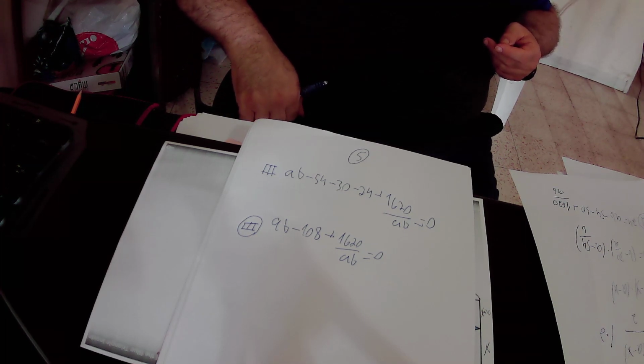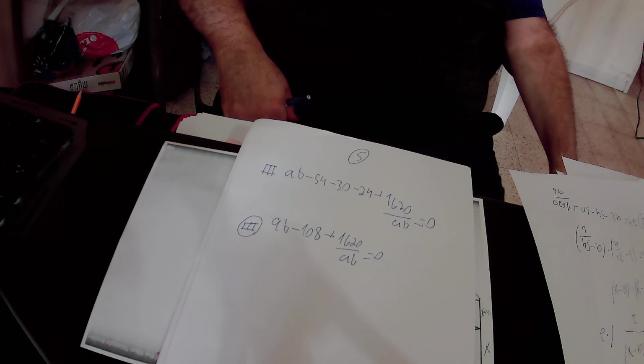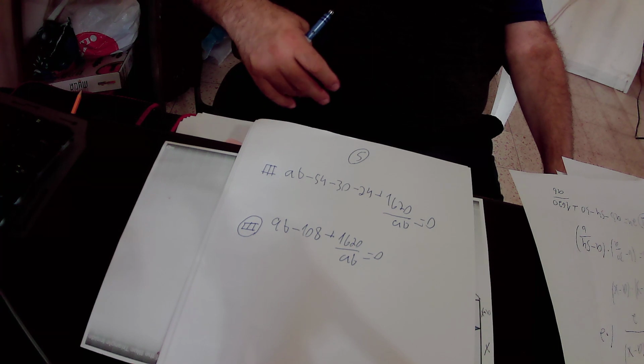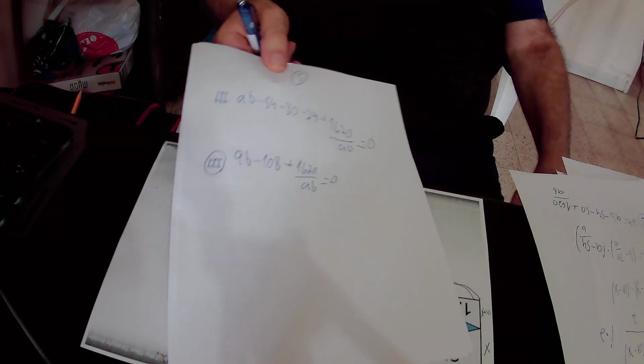Again, a is a positive number, because it is the length of a rectangle, and b is the width of a rectangle, so it also must be a positive number, and a times b must also be positive because it is a positive number times a positive number, so a times b can never be 0, so we can multiply both sides of the equation by ab. Okay, so we will do it now, we will write it down.